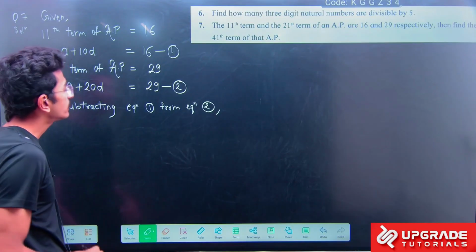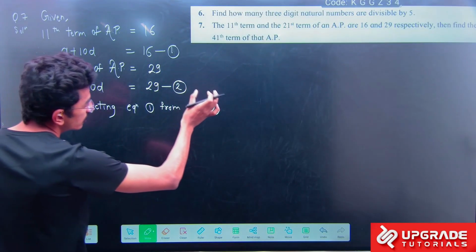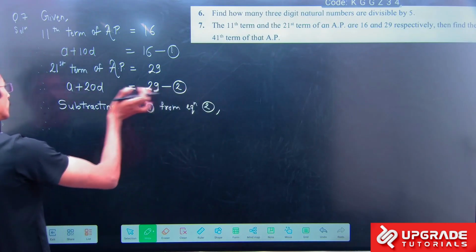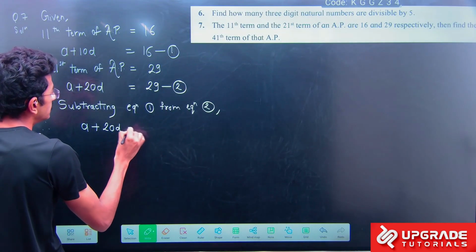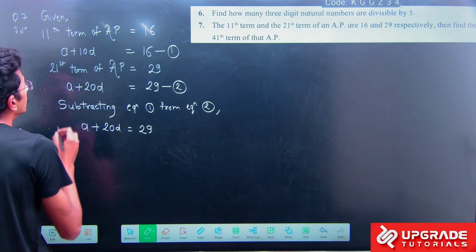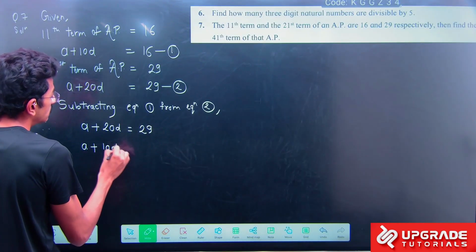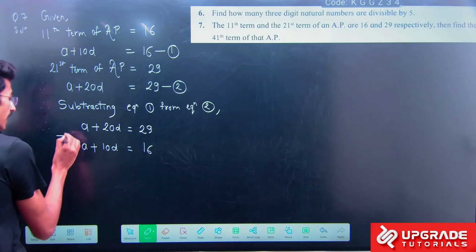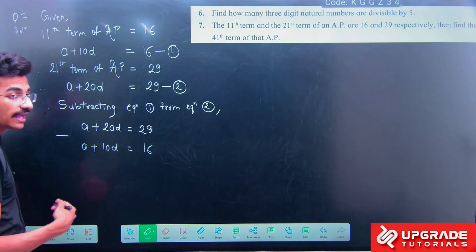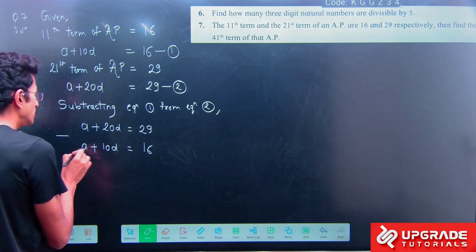The answer will be the same. So for subtracting, we have to write equation number 2 first. A plus 20d is equal to 29. Below that you have to write equation 1. A plus 10d is equal to 16. You are subtracting it, so each sign of the numbers below will change.